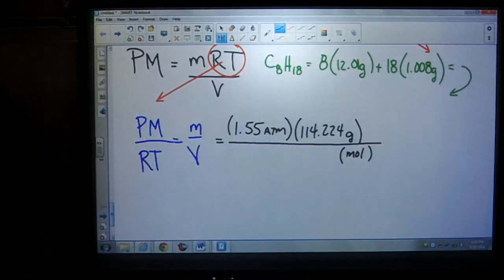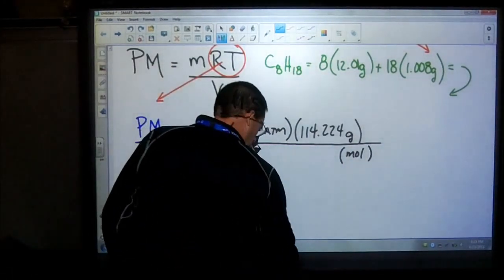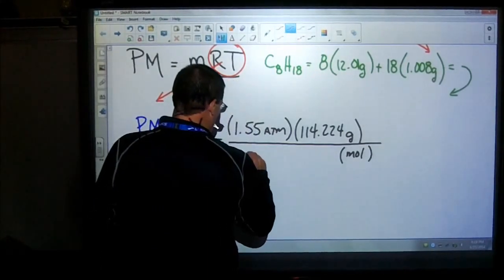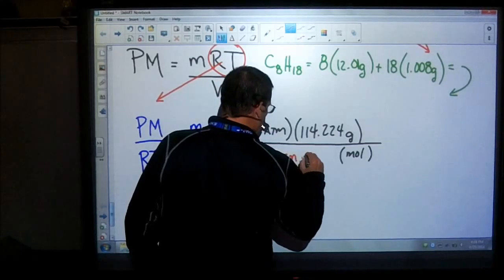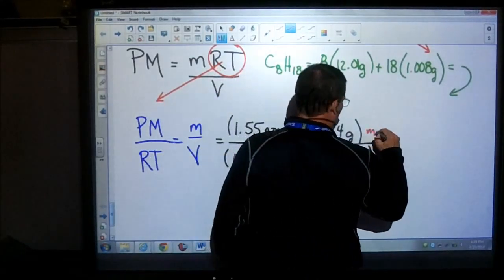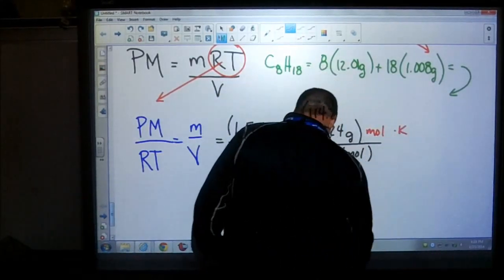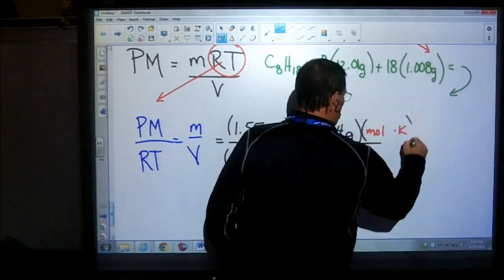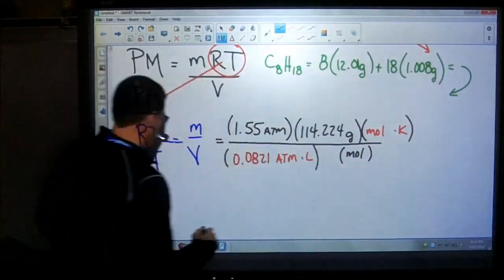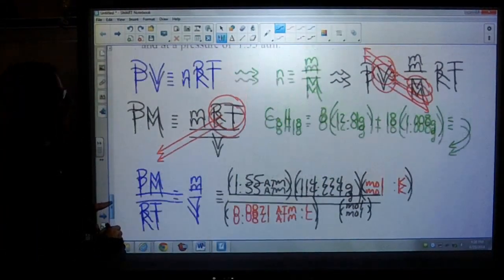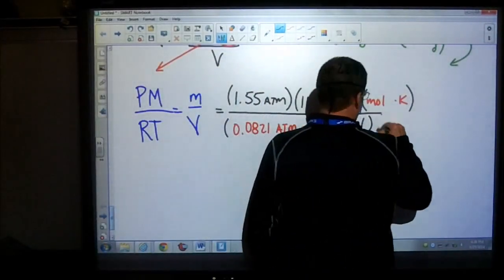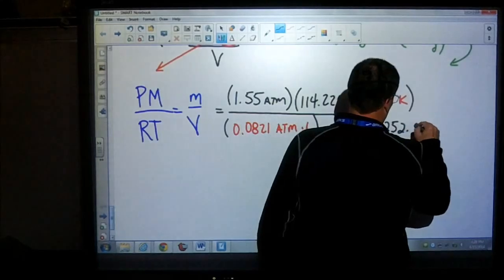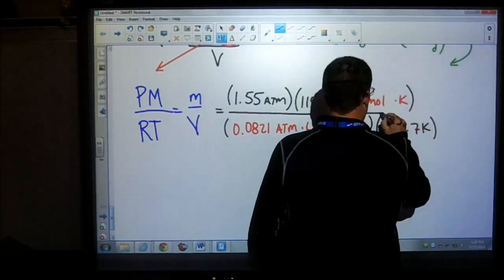The R, make sure that you're using the correct R. I have atm, so that means I want to use the atmosphere, so 0.0821, and that's atmosphere liter. Put that mole Kelvin on the opposite side. And the last thing is the temperature, which we found to be 252.7 Kelvin.